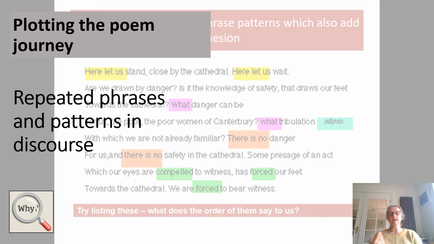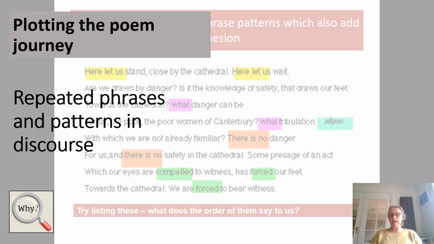Now, for me, that's actually quite difficult in this poem because I think there are only two adjectives, and that's poor and poor. Even though there aren't any adjectives apart from that, that does signal something about the message, that this is about poor people, it's about people that don't have a voice. But something that students can do is look at these repeated phrases or any other patterns that stand out and let them have a look.